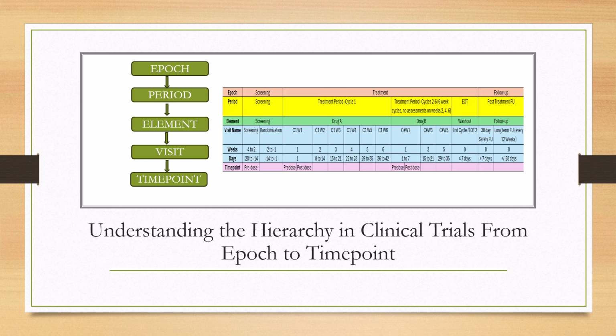If we go further down to the time point section, that is, after the visit we have the time point, we will see that in this study there are two time points, that is pre-dose and post-dose. The pre-dose is happening for screening, drug A cycle 1 week 1 visit, and the second cycle week 1. Post-dose is also happening along with pre-dose for cycle 1 week 1 and cycle 2 week 1 here.